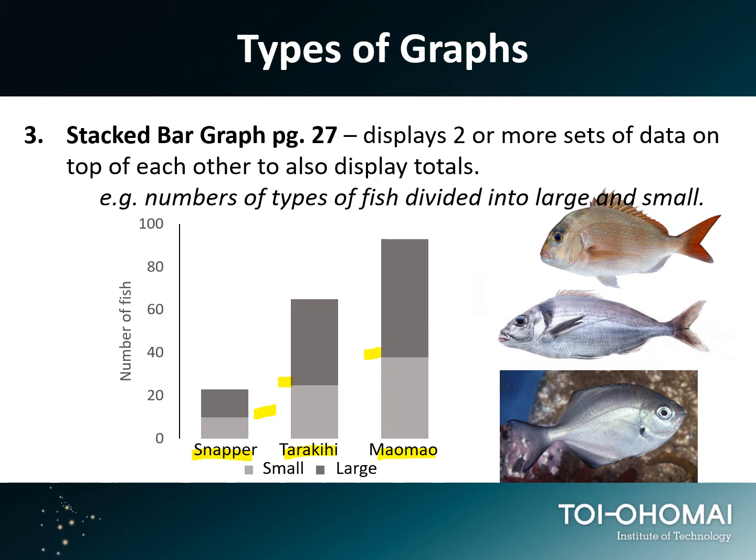So we still have our discrete variable on the x-axis. It's just another way of showing the discrete variables, the totals. So again, on the y-axis, we have our numerical range that could be a discrete or it could be a continuous variable. That is a stacked bar graph.